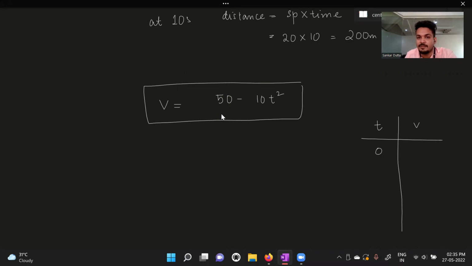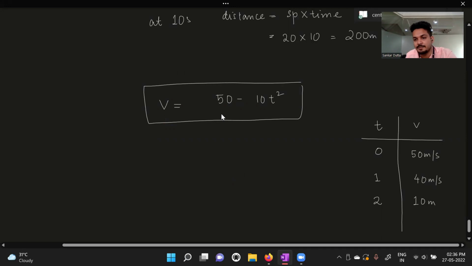It is 50 minus 10 times 0 squared, which is nothing but 50 meter per second. At t equal to 1 second, it will be 40 meter per second. How? 50 minus 10 times 1 squared, because in place of t I put 1, so 50 minus 10 is 40. Similarly, I can find out for 2. For 2 it will be 10 meter per second.